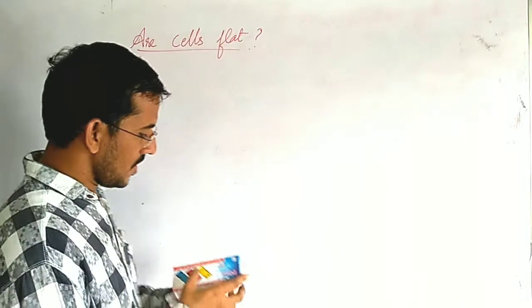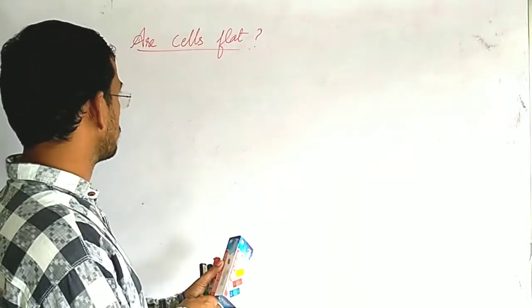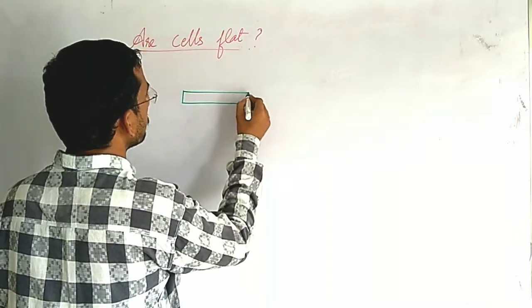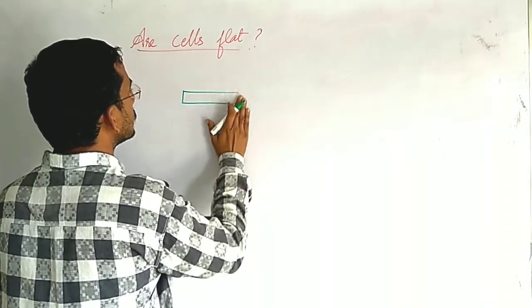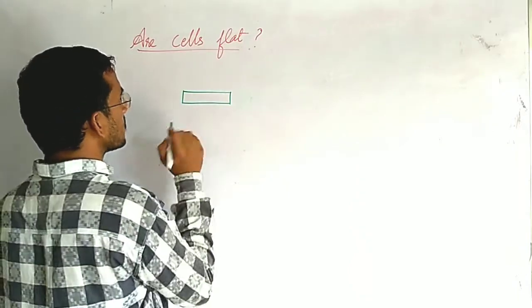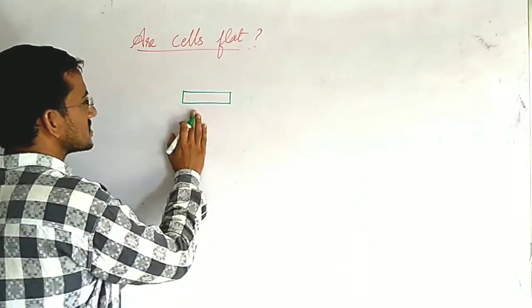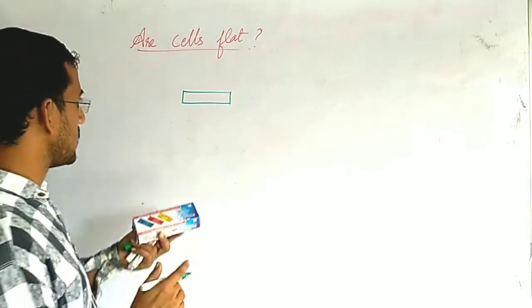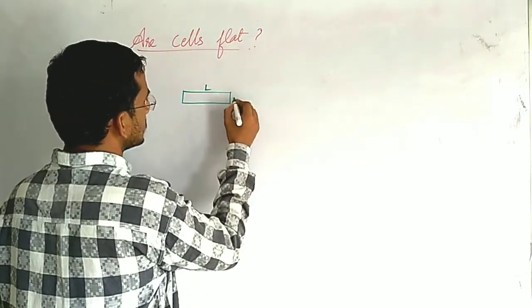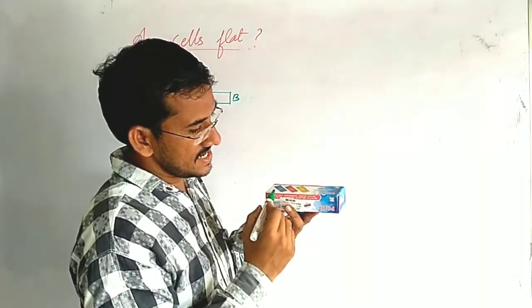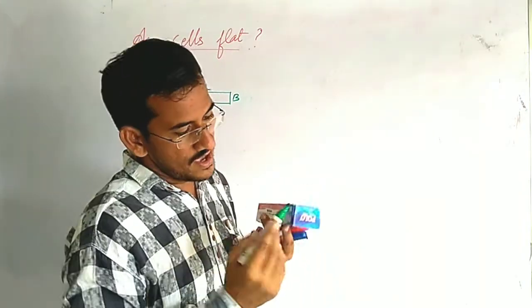You will draw it like this, showing length and breadth. So in this way you will draw. So people will think this is a flat surface, but generally it has length, it has breadth, and it also has height. So this is length, this is breadth, and this is height.